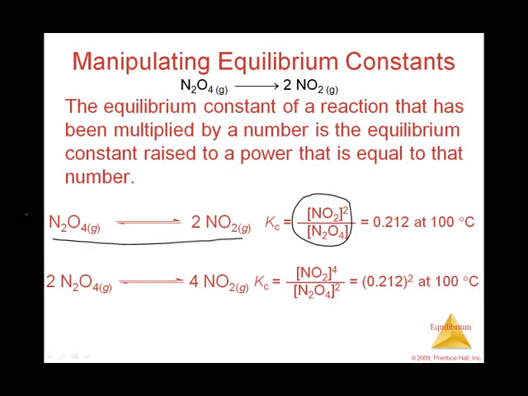If I were to take that whole equation and multiply it by 2, I get this, right? Now I write my expression, and my NO2 is my product. It's now raised to the 4. My N2O4 is my reactant, now raised to the 2. And if I compare these two, what I see is this is the same as this raised to the 2 power. Okay, so that's why that works.